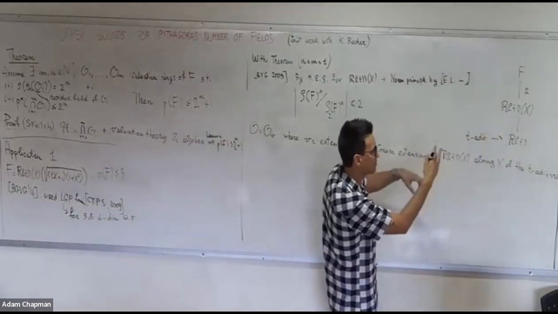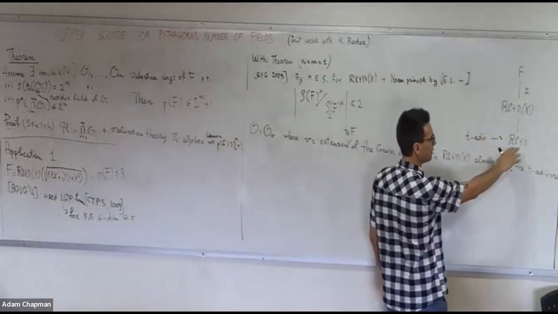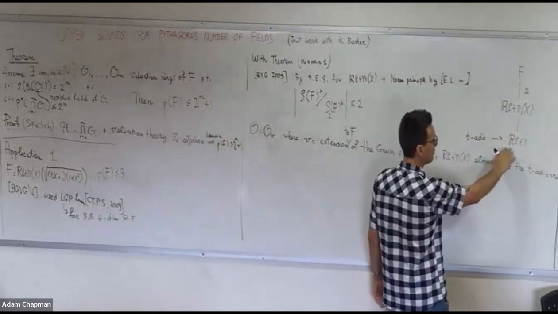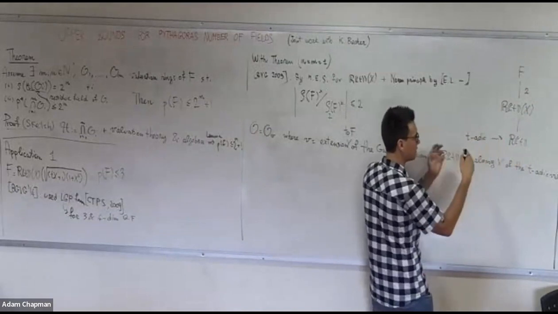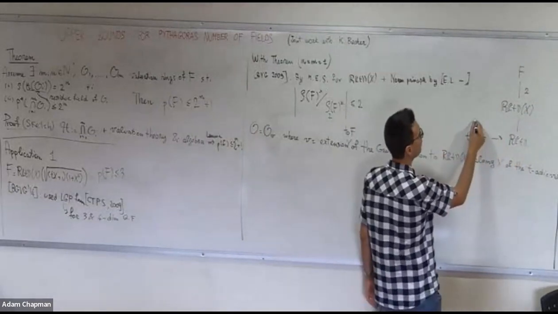We take some formal power series. You take its order in T and quotient and you get a valuation.